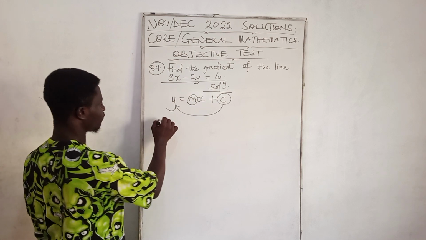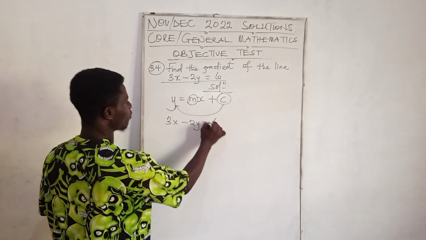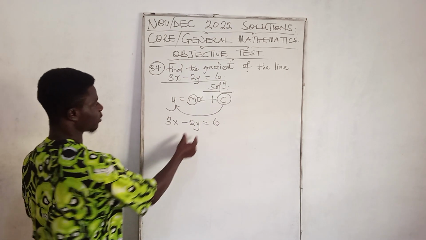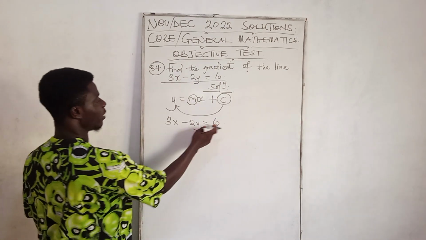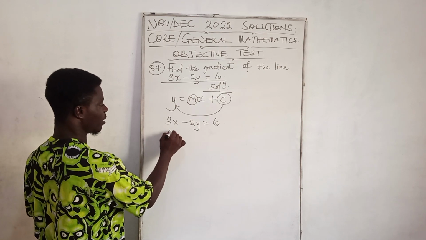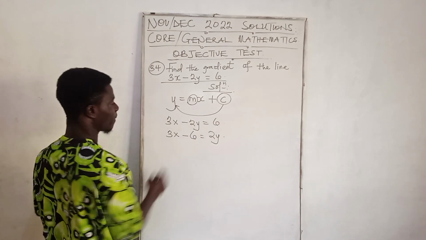So now let's see. 3x minus 2y equals 6. Let's make y the subject. So we send this negative 2y to the right hand side. Then we bring this positive 6 to the left hand side. So I get 3x minus 6 equals 2y.